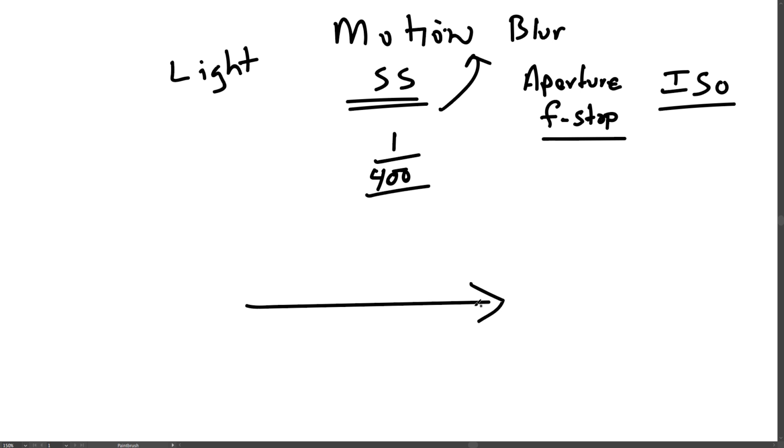But if you want motion blur, that is, you want to see the action happening, then you would use a slow shutter speed like 1/50, 1/25, or slower.